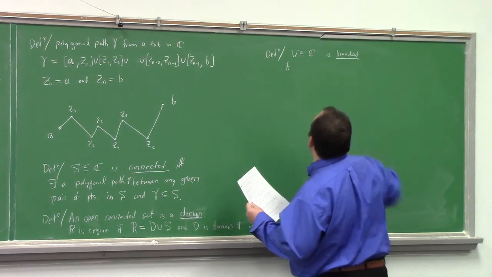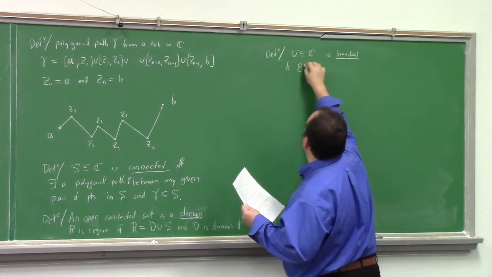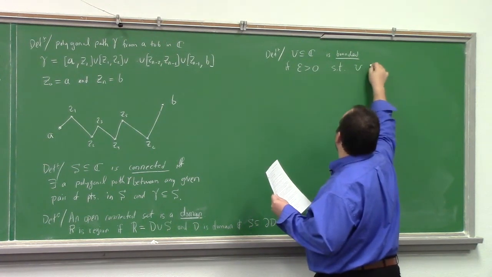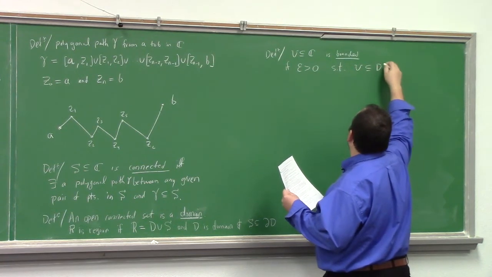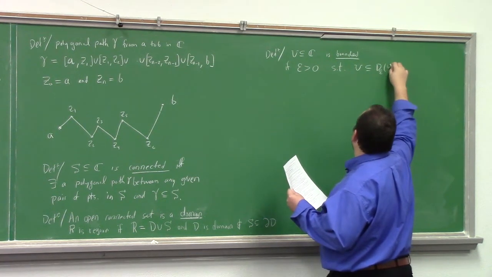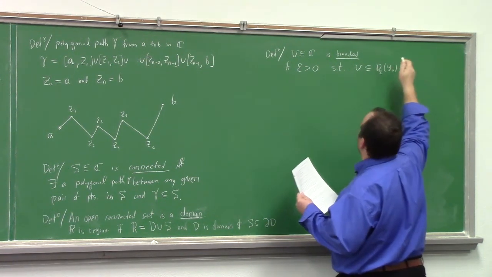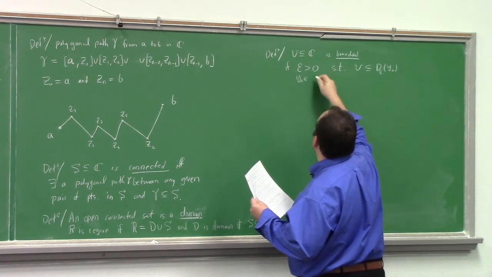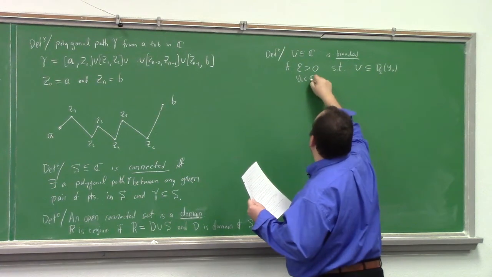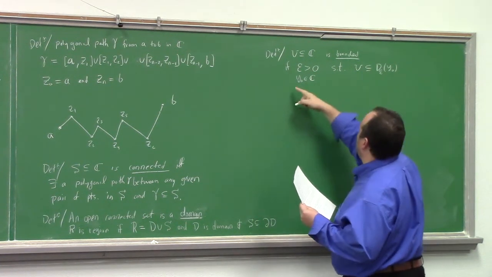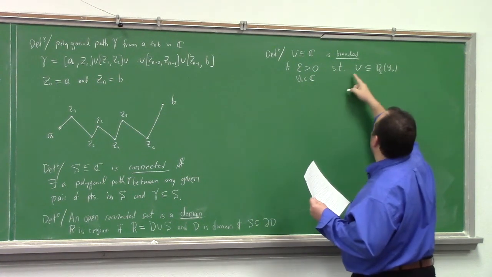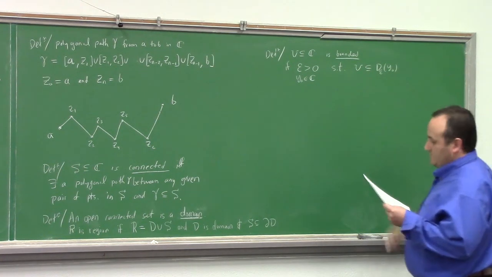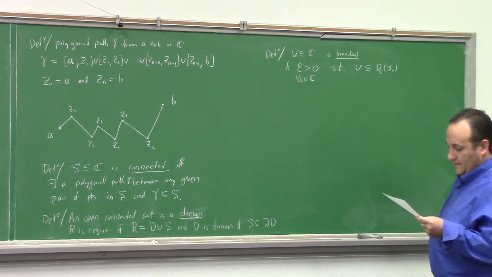If there exists epsilon greater than 0 such that U is a subset of the ball of radius epsilon centered at y naught, an element of C. If there exists a point in C and a radius epsilon such that U fits inside a disk of radius epsilon, centered at y naught, all right?